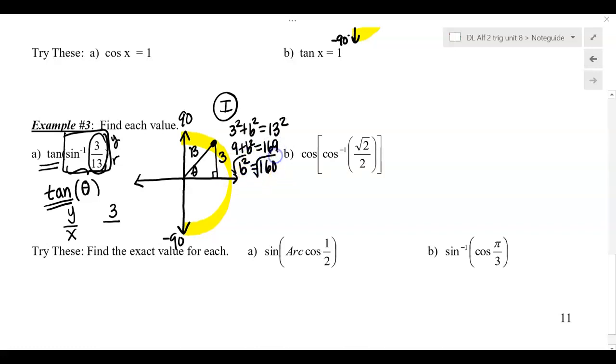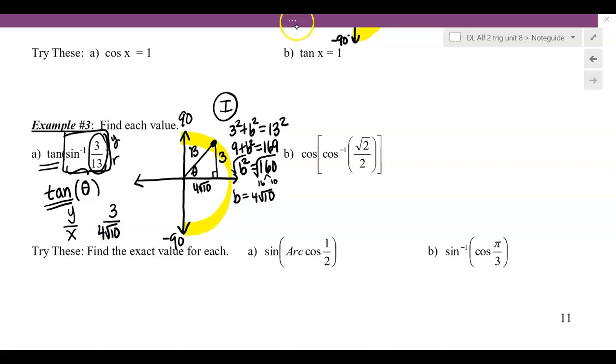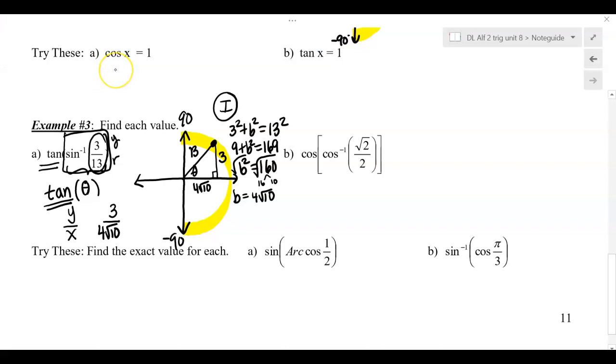And if I square root that, let's see, b would be equal to, this is 16 times 10, like 4 rad 10. So this will be 4 rad 10. Positive because both the x and the y are in a positive direction. So my tangent is 3 over 4 rad 10. Even though that's an odd value because it's not a special angle, so it's not something we're used to. And I will rationalize this denominator. And so then I'll end up with an answer of 3 rad 10 over 40. Okay.